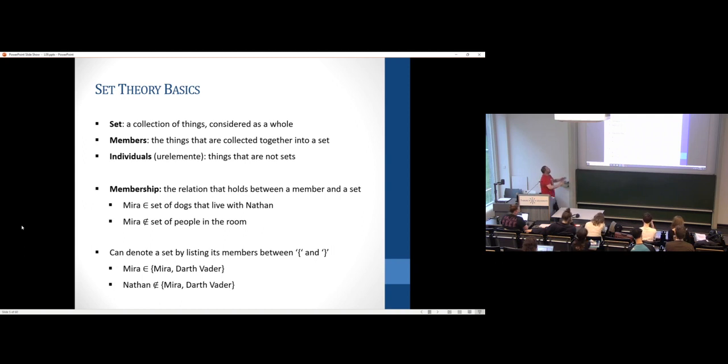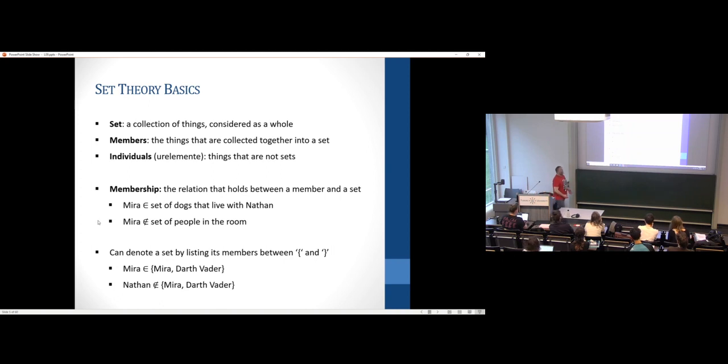Okay, so again, 3 basic things. You've got sets, you've got individuals, and then individuals can be members of sets. They can be parts of the collection. We express this using the membership relation. The membership relation is symbolized with this thing. It looks a little bit like the euro symbol. And this is to say that the thing on the left is a member of the set on the right.